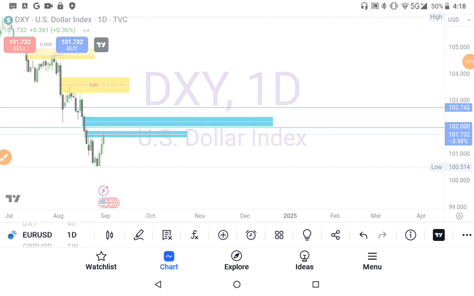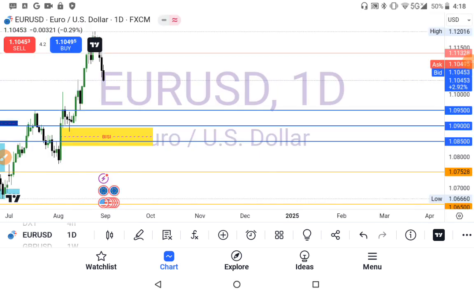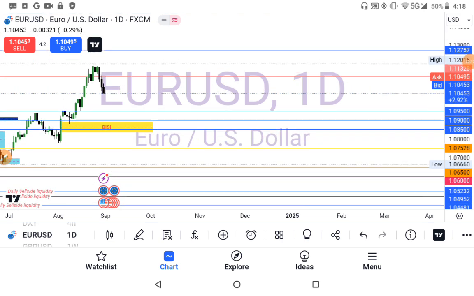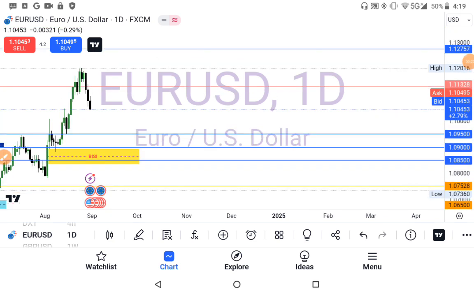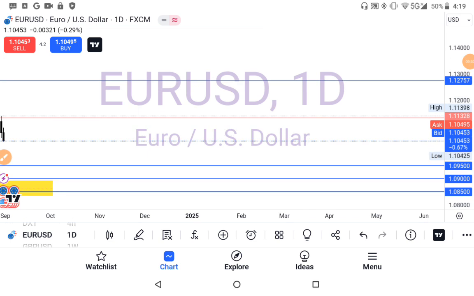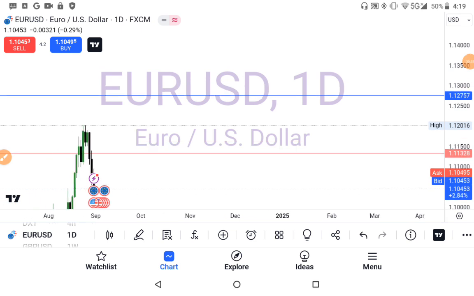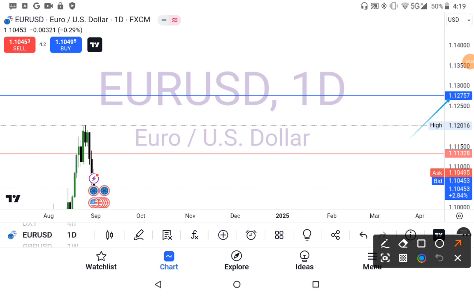Then we'll go to Euro USD. On Euro USD, I was expecting 1.11328, I think. If it could deliver a support around that area, that would lead us into 1.12725. Yes, I think this was the level I was watching.